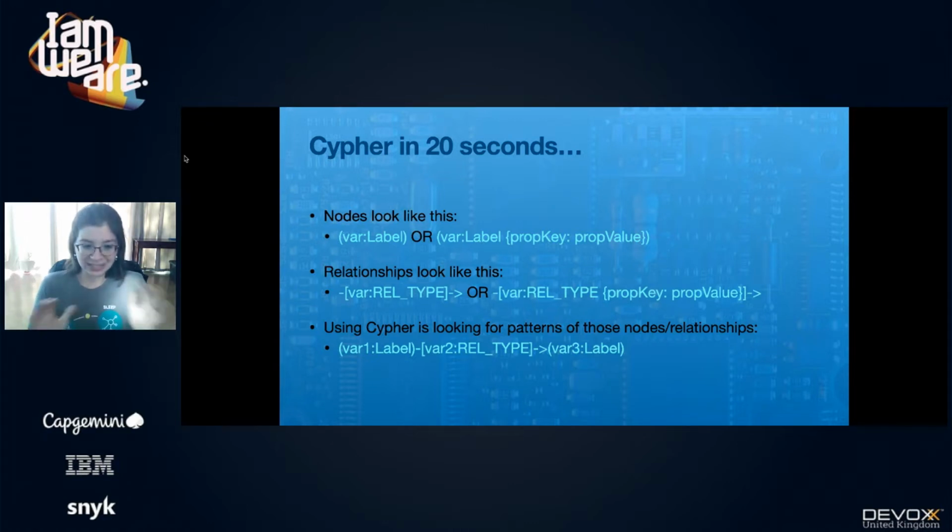That sounds like a lot, but basically Cypher is just looking for patterns of those two things: node, relationship, node, relationship, node, in different formats, structures and combinations. But at the root, that's what Cypher is trying to show.